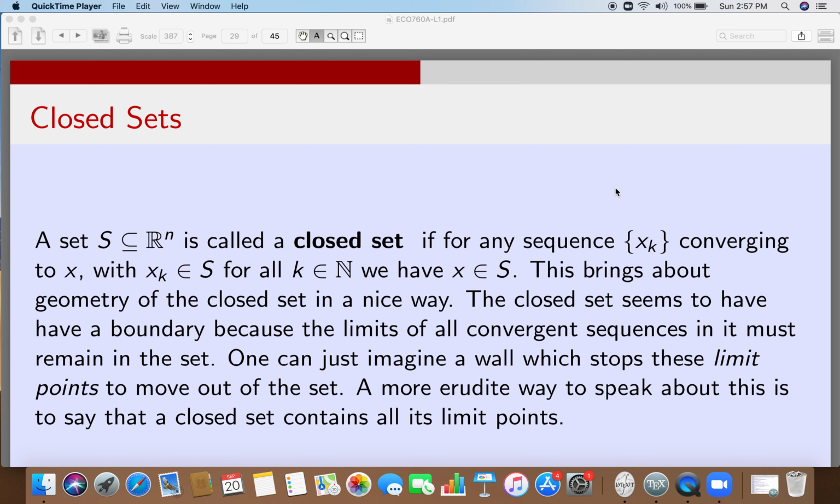This sequence converges to 0, but 0 does not belong to the open interval (0, 1). So this limit point 0 is not in the set, so the open interval (0, 1) cannot be a closed set.